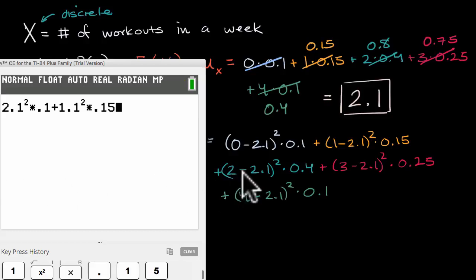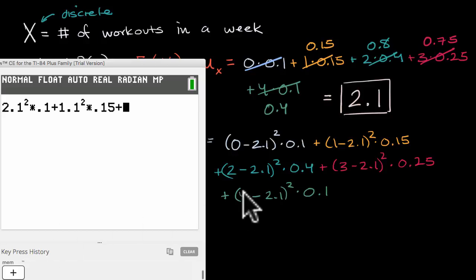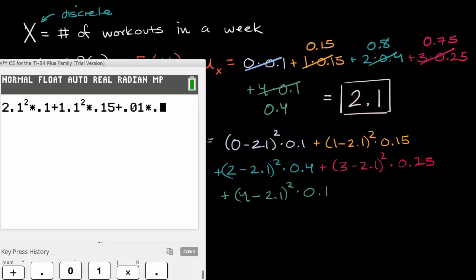And then this is going to be 2 minus 2.1 is negative 0.1. When you square it, it is going to be equal to, so plus 0.01. If you have negative 0.1 times negative 0.1, that's 0.01, times 0.4.